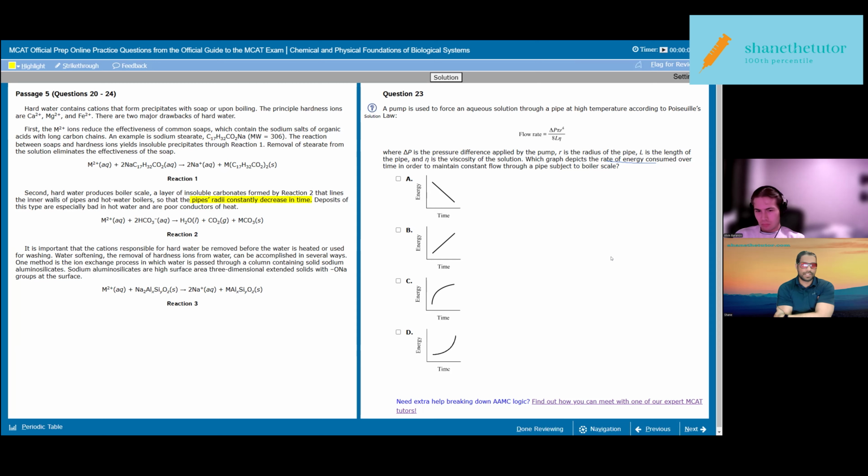And I still don't know the rate of energy consumed. Rate of energy. I don't know how to connect that.